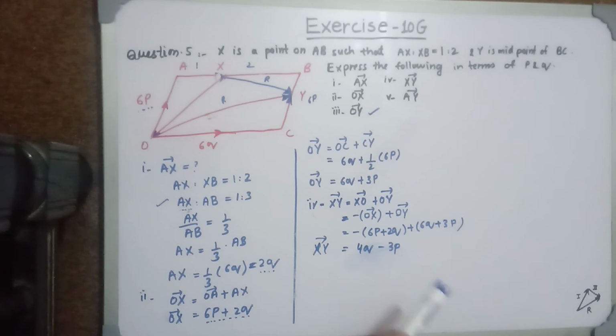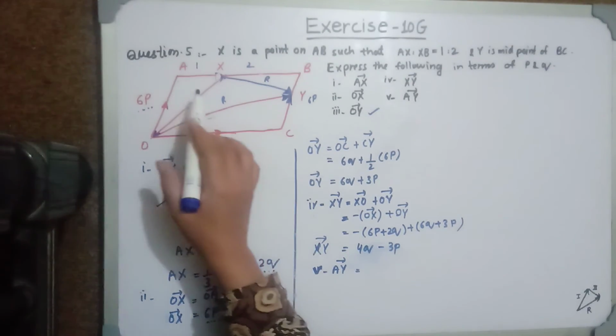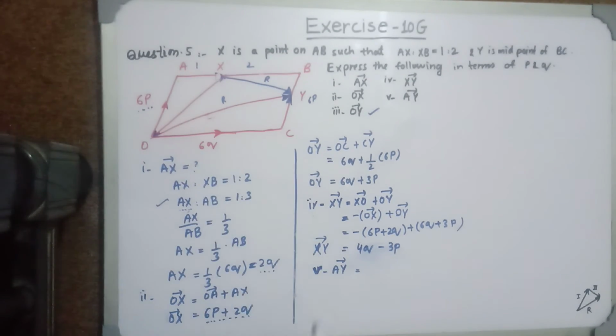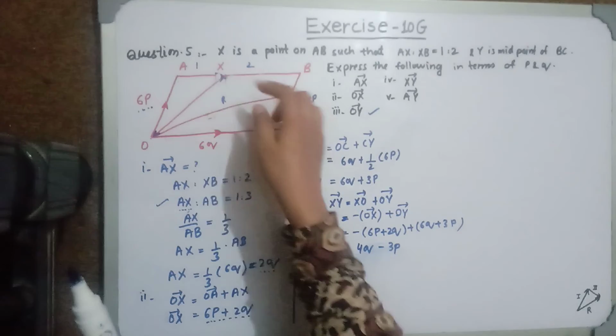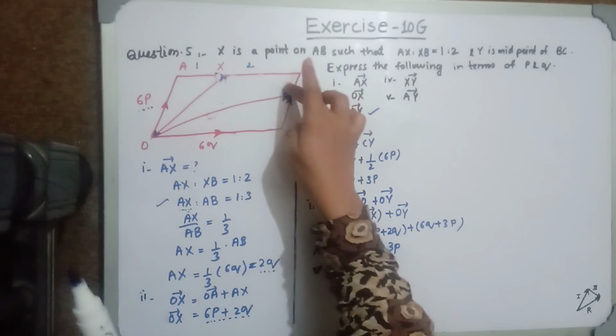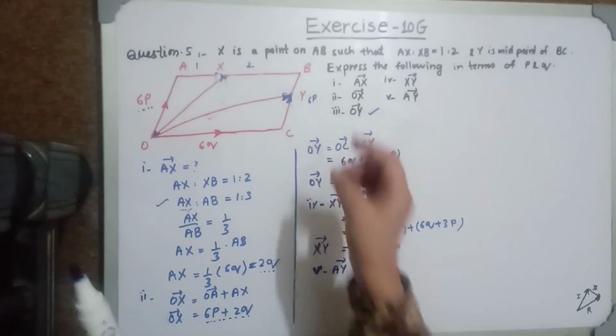Now let's move to the next part, which is to find AY. Now let's look at the figure again. The vector AY, I'm just going to erase the previous vector so that you can understand it, because it's quite messy now.